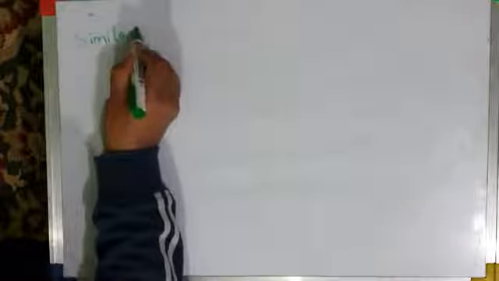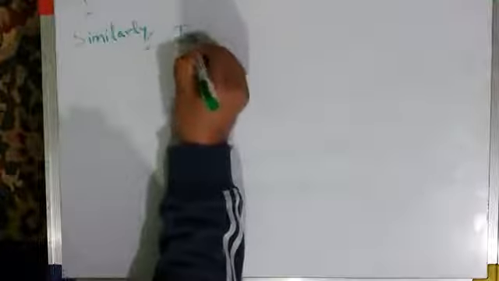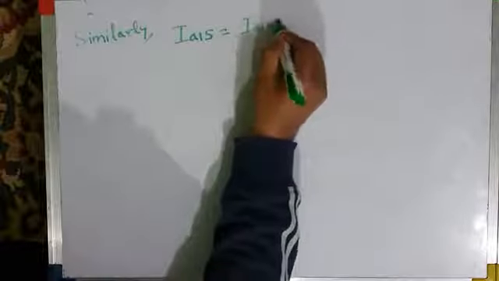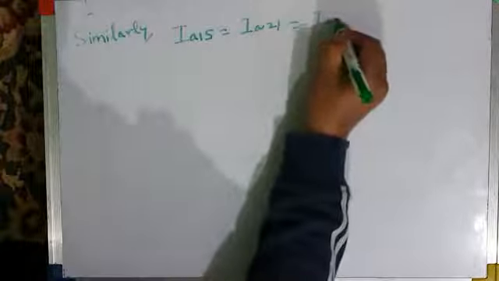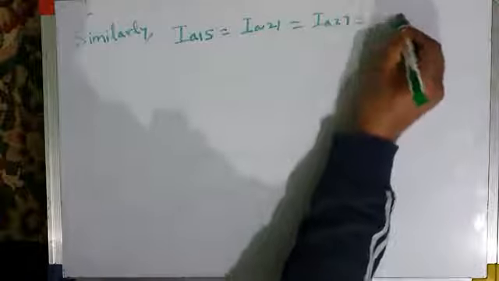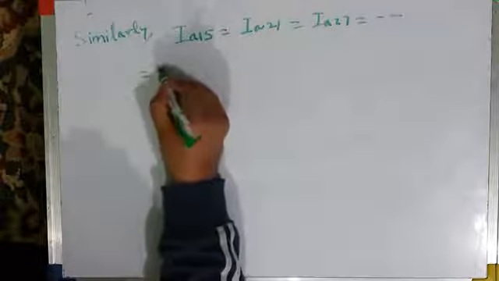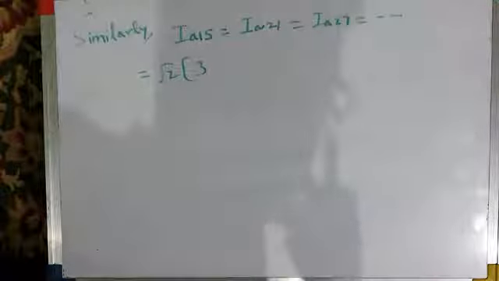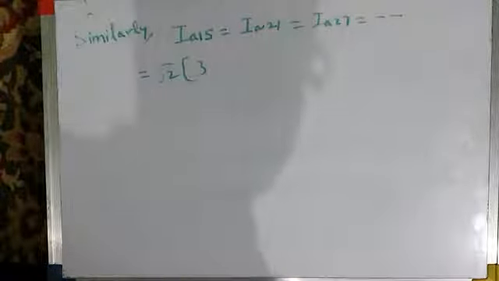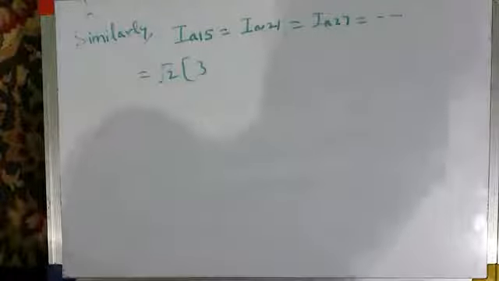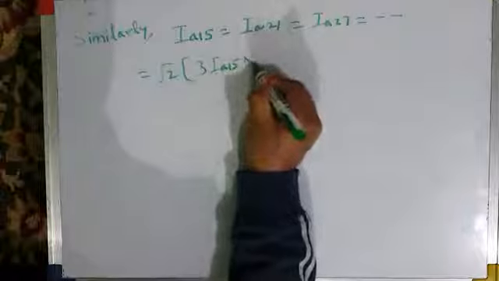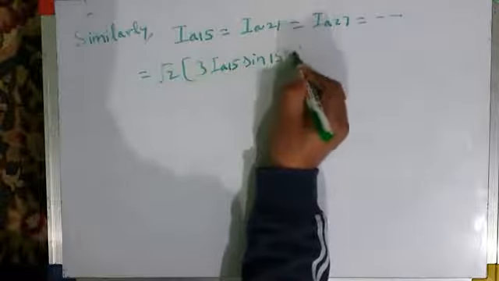So I will write here, similarly, IA15 is equal to IA21 is equal to IA27 and so on, is equal to root 2 times 3 IA15 sine 15 omega t.